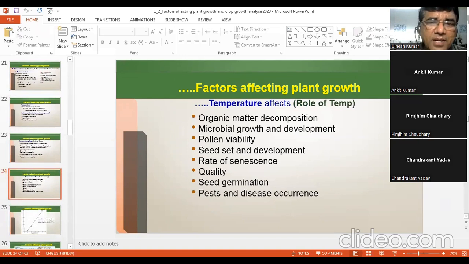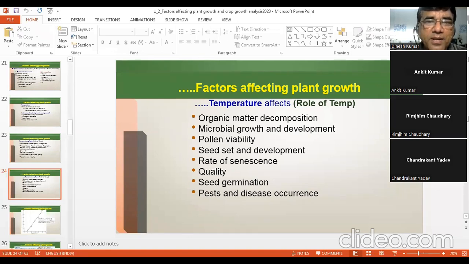Indirectly, organic matter decomposition is affected by temperature, because organic matter decomposition will affect the growth of the organisms in soil, and also it will make nutrients available. On decomposition of organic matter, you will get humus, and humus will improve the physical, chemical, and biological properties of the soil.